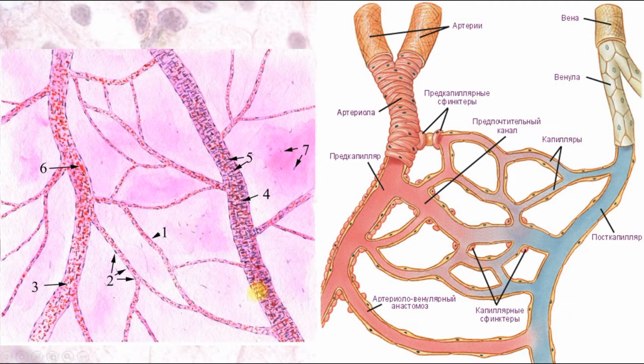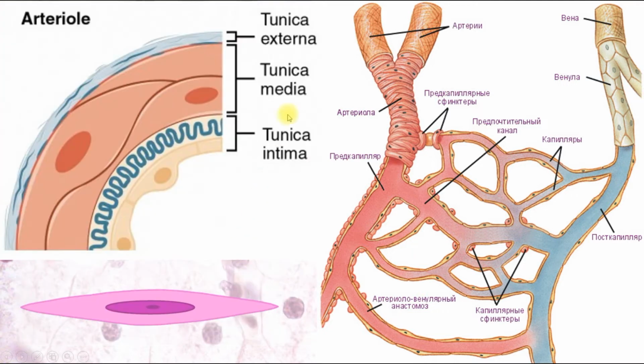If we compare an arteriole and a venule, we can see that the arteriole usually has transverse striation, and it usually has a little bit smaller diameter than the corresponding venule of the corresponding order, but it's not the rule. Here we can see that the venule has only endothelial nuclei, but the arteriole also has transverse striations. And the arteriole has well-developed smooth myocytes, which provide regulation of blood flow.